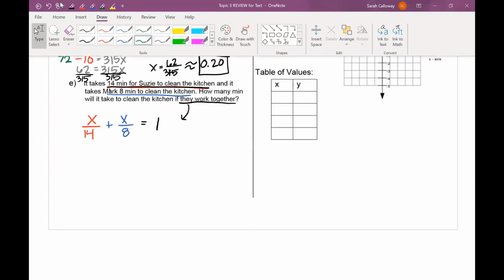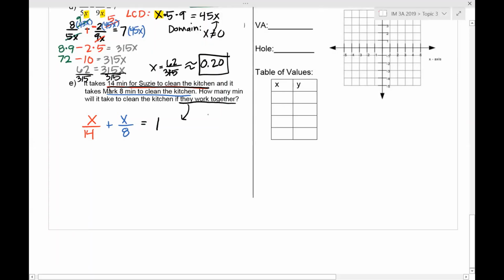When we're looking at this, we want to identify the least common denominator. So if we think about 14, 14 is 2 times 7, and 8 is 2 times 4. So my LCD is going to be 2 times 7 times 4. I'm not just going to multiply 14 and 8 together because I know they're both even, so they're going to have a common factor. And so that's 56.